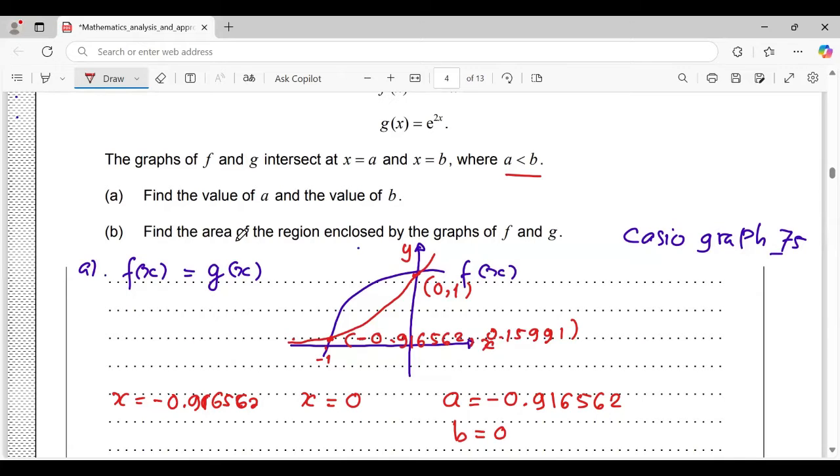B, find the area of the region enclosed by the graphs of f and g.